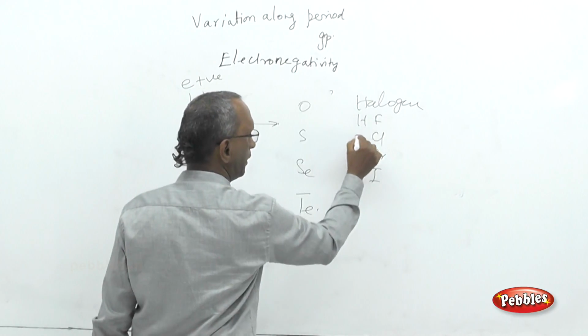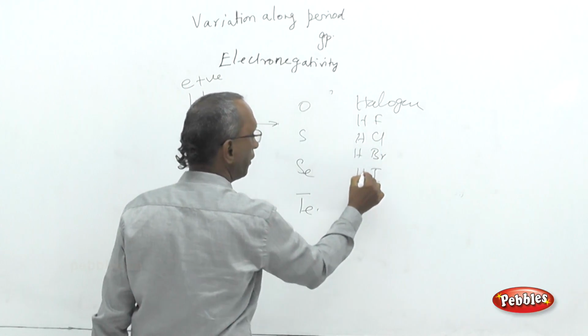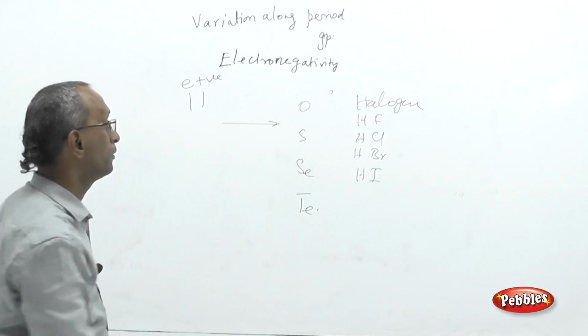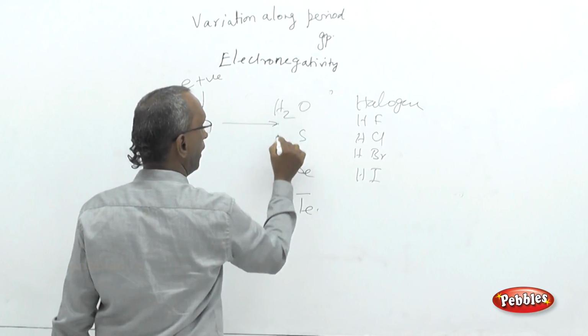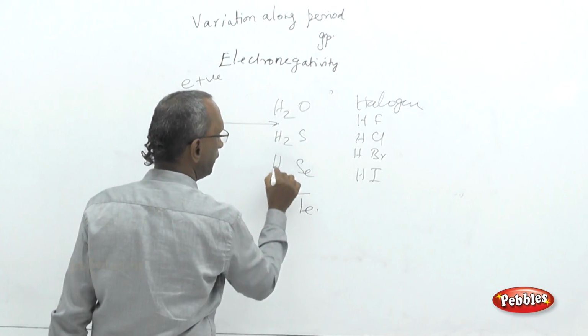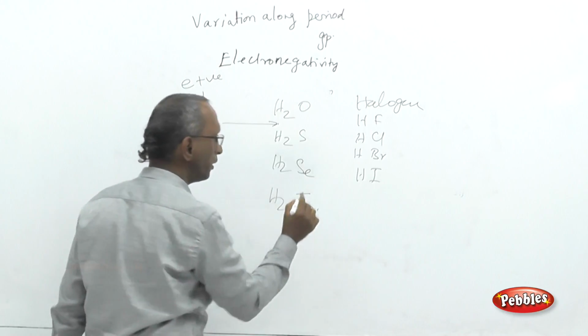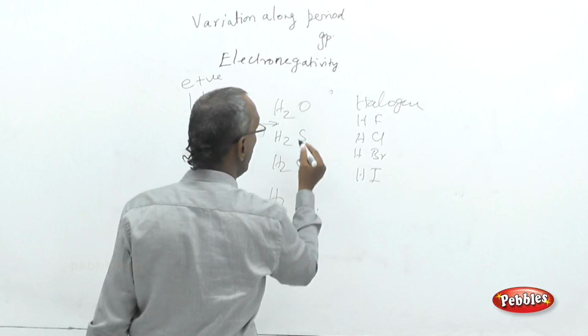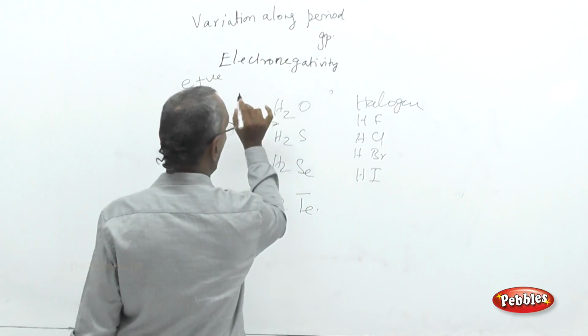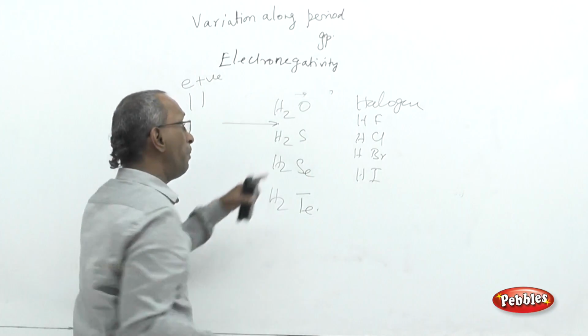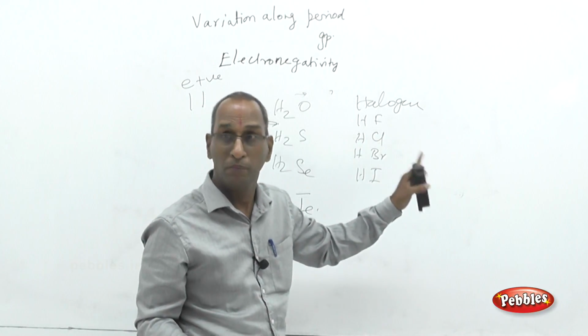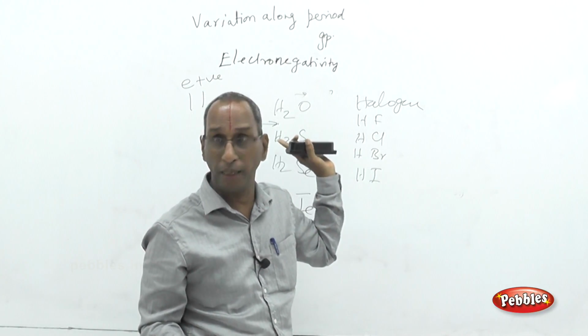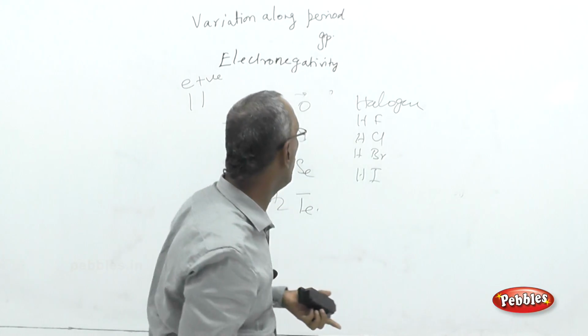HF, HCl, HBr, HI are the hydrogen halides. H2O, water, hydrogen sulfide, hydrogen selenide and hydrogen telluride can form. Oxygen is more electronegative than other elements, though it can be less electronegative than fluorine. That is to be noted.